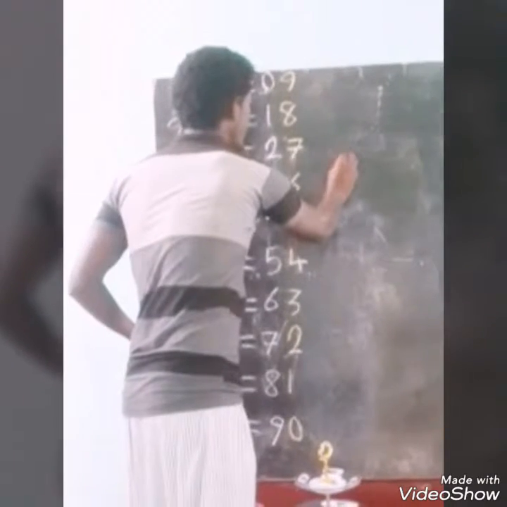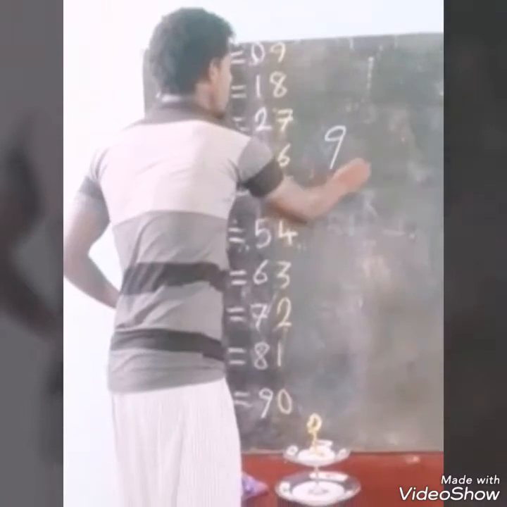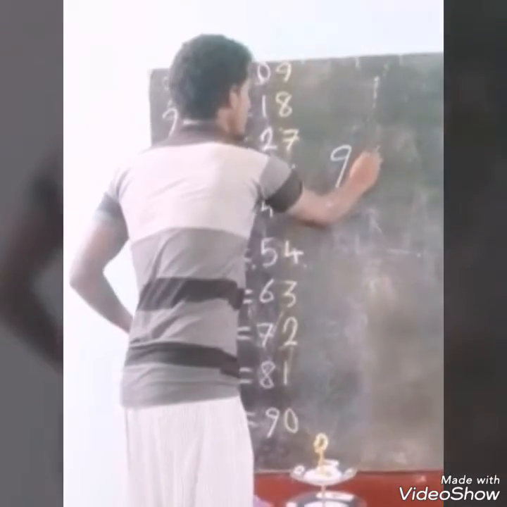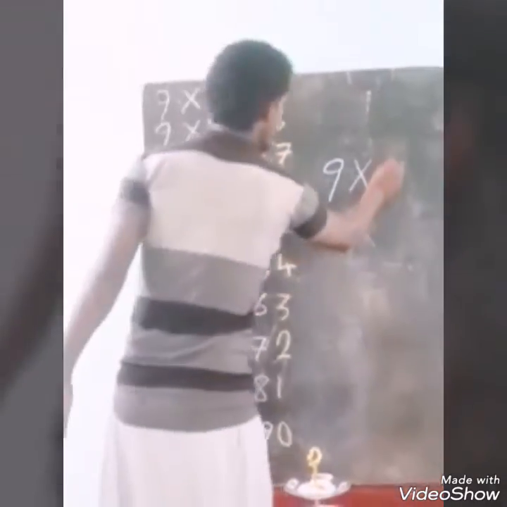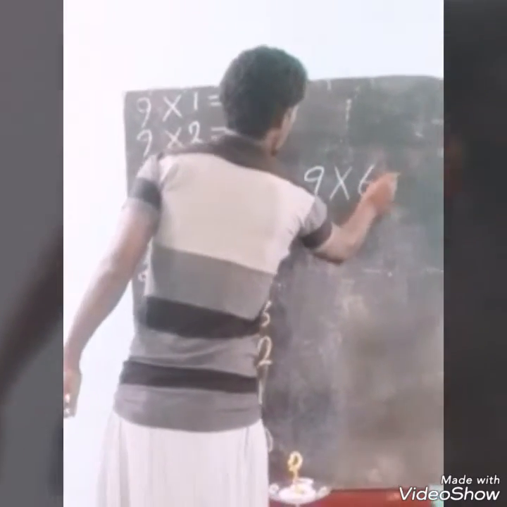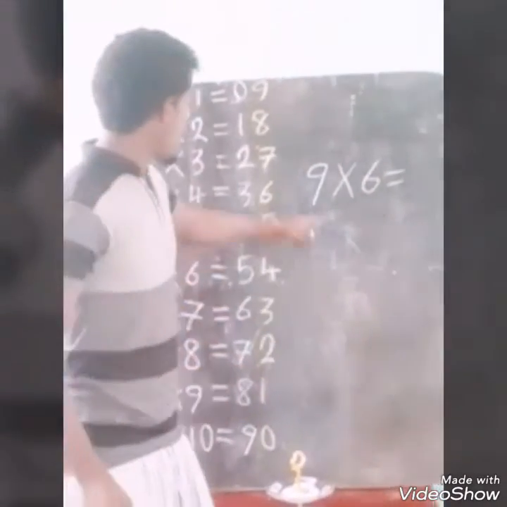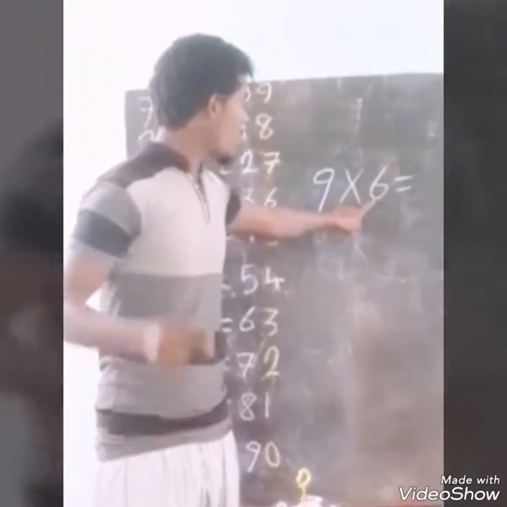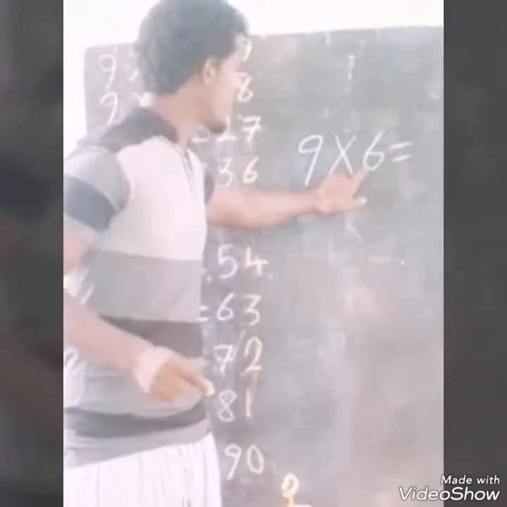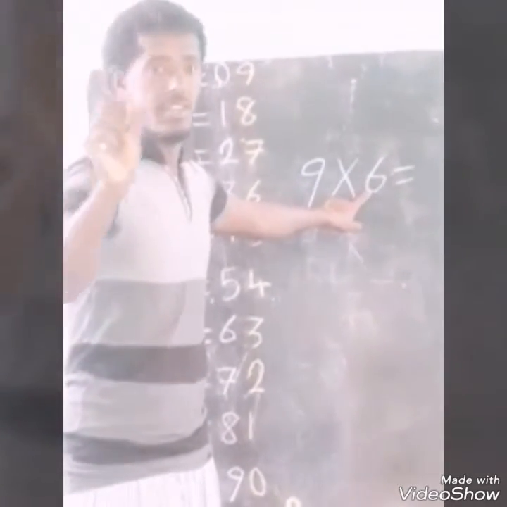Another technique, 9 times any number. 9 times 6 equals. So I am going to minus 1 from this number and complete this number to 10.